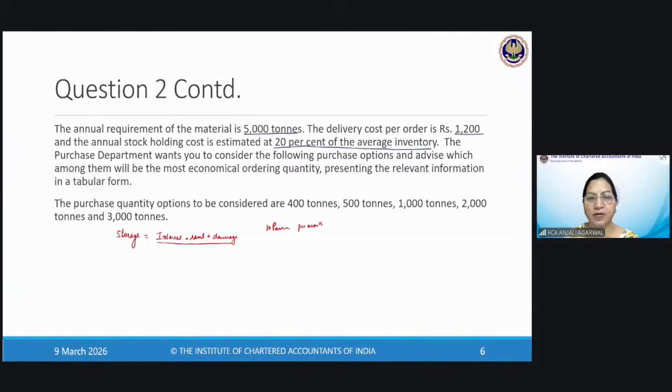Here it is given as 20%. Now the storage cost can also be calculated as 20% of your investment.